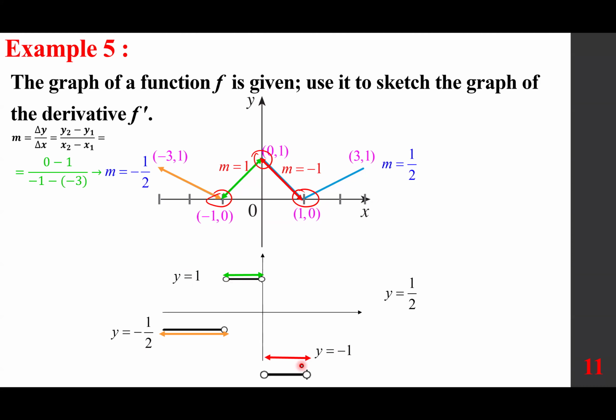Both ends must have a hole. And for this one, from here, go to the right, and the left endpoint has a hole. And that's the final answer. So we have 4 line segments, 4 slopes, and then we have 4 horizontal lines, a portion of each.